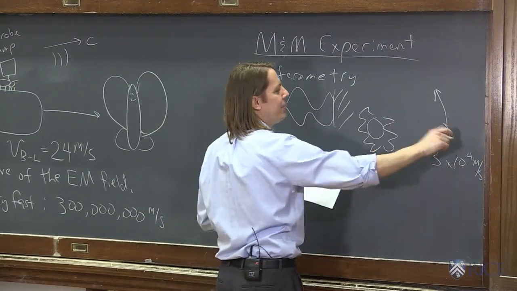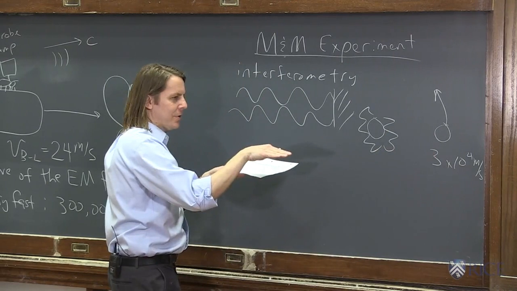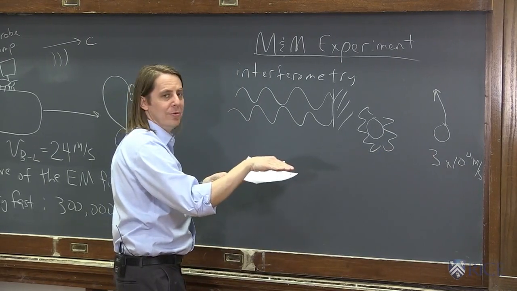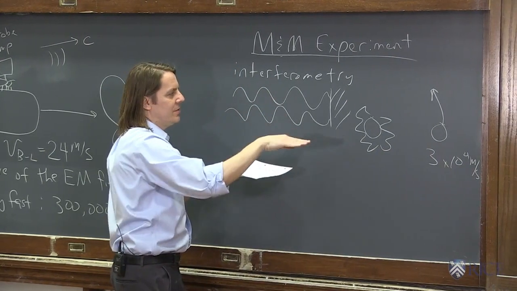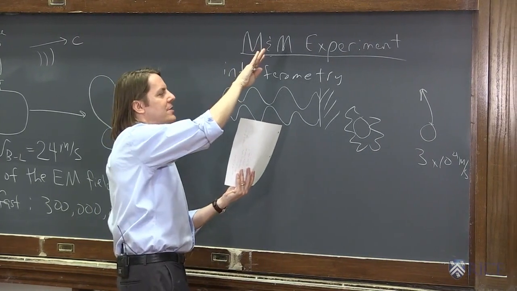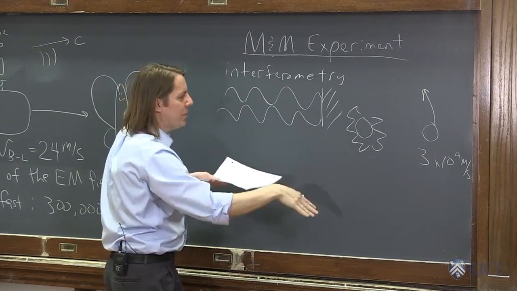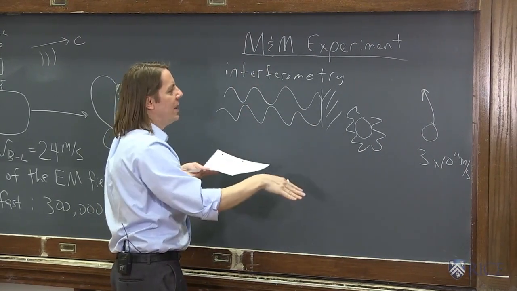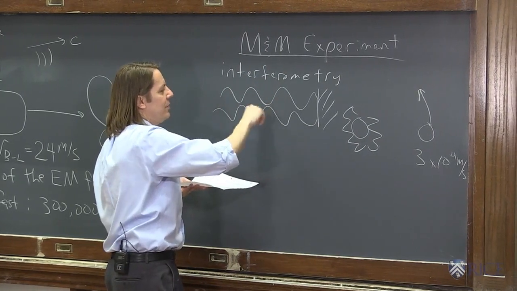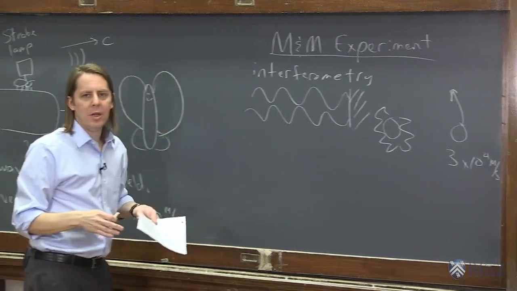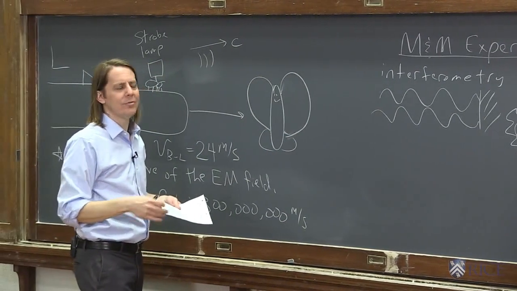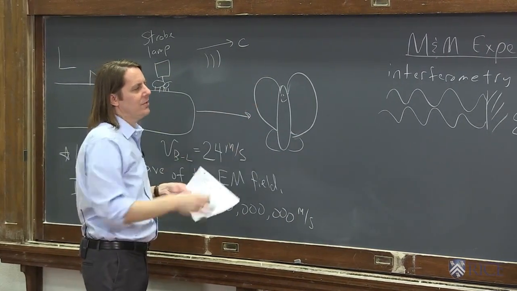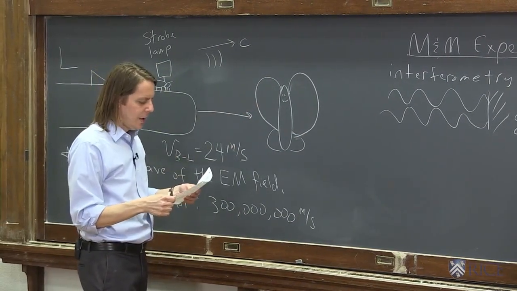If I take my interferometer and hold it one direction relative to whichever way we're moving, I should see one set of conditions, and if I turn it 90 degrees, I should see a different set of conditions. Just by turning the interferometer, I can change what direction this light is moving with respect to however the ether is moving. So you don't have to know the details of the ether, just you had to set that up and turn it 90 degrees.